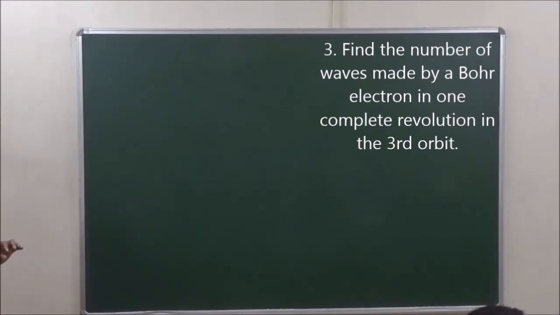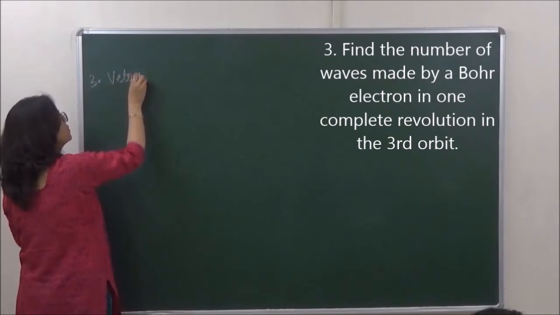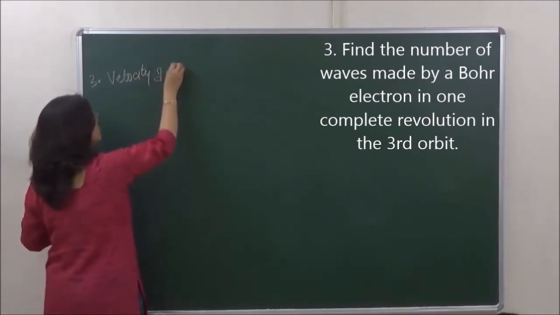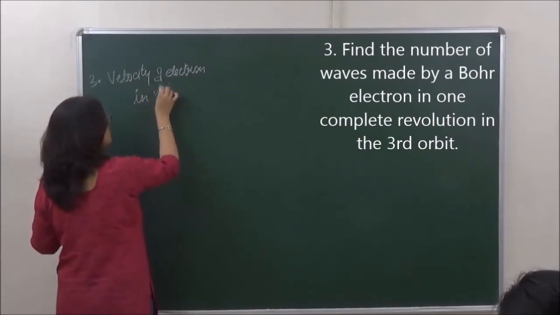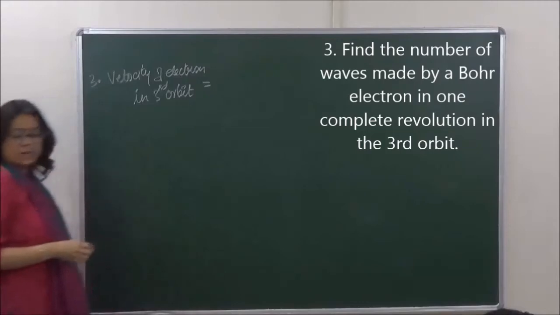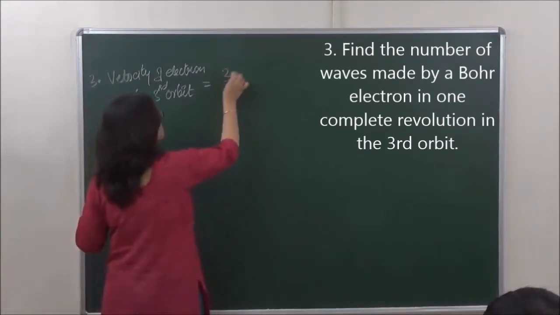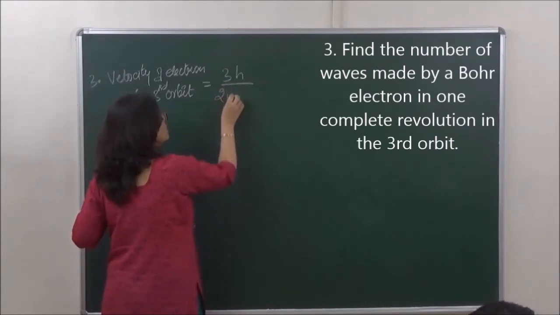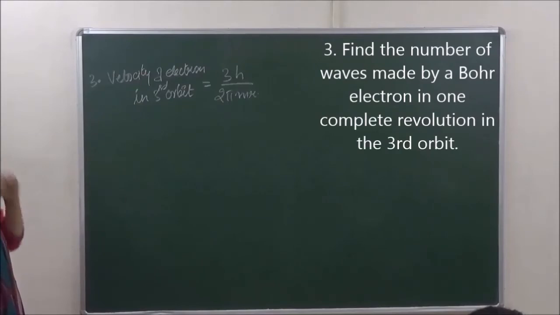Now first of all, over here we have to calculate the velocity. Okay, so the velocity of the electron in the third orbit will be given as 3h upon 2 pi m. This expression we have already done, how to calculate the velocity.